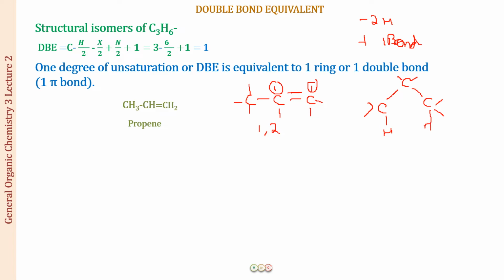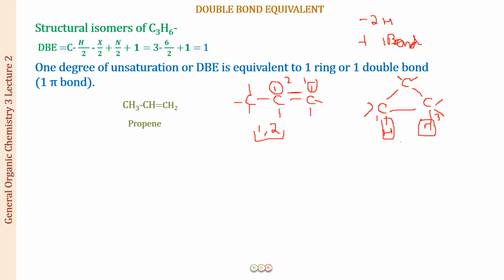Rather than removing my hydrogens from position number 1 and position number 2, if I remove my hydrogen from position number 1 and position number 3, I am again removing 2 hydrogens, and instead I am putting one bond between the 2 carbons. In the earlier case I had removed 2 hydrogens from carbon number 1 and carbon number 2 and put up a double bond, right? One more bond.